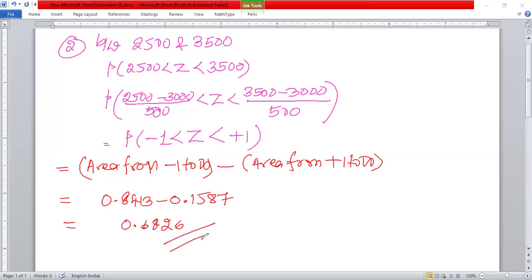The final answer is 0.6826. The between answer is 0.6826.